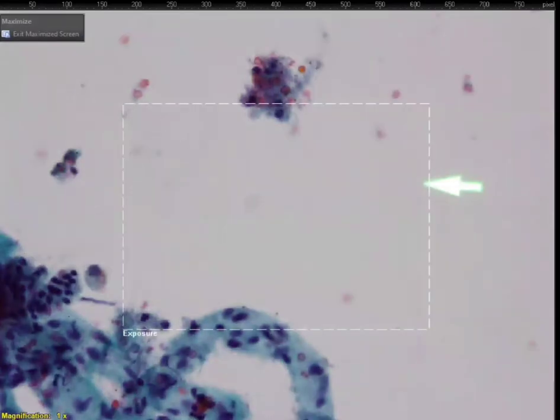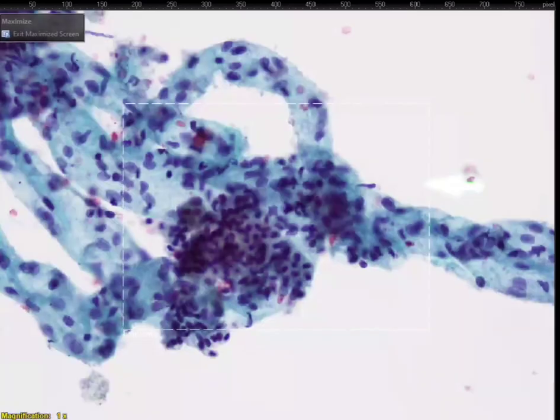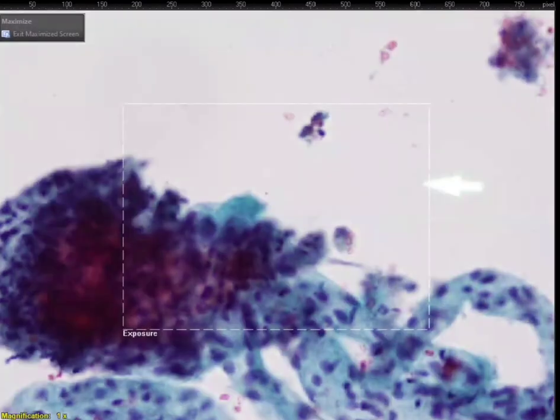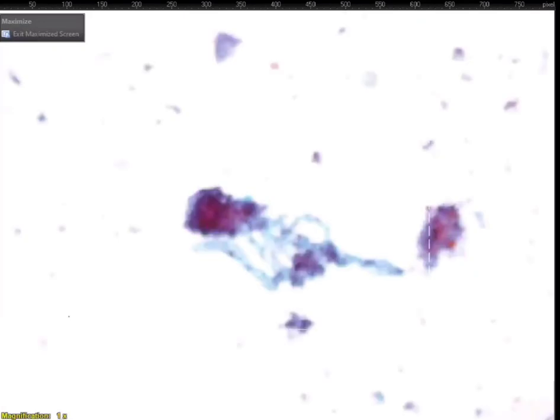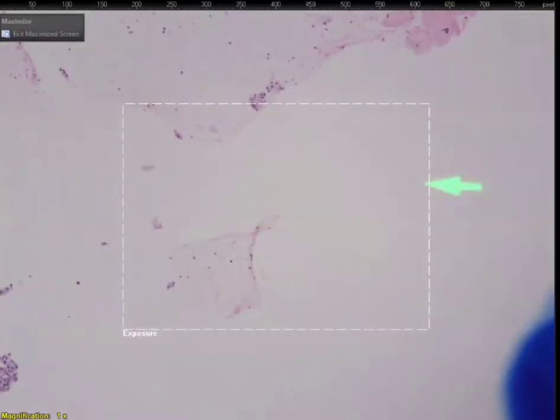Endothelial cells. Little tangle of endothelial cells next to this cluster. Okay, very good. Let me look at my answer, see if I know. Oh, wait, let's look at the cell block first. So we have a cell block on this thing.